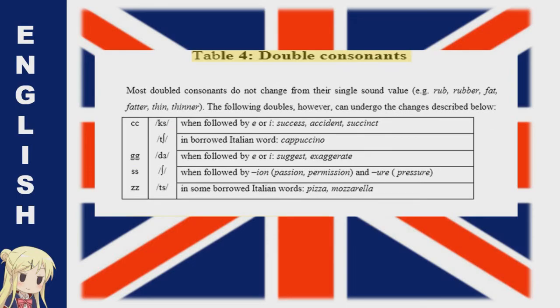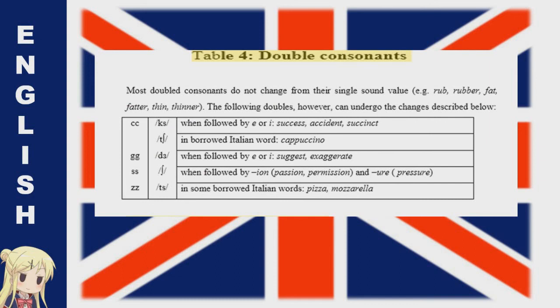The other one is the double consonant. Most double consonants do not change from their single sound value, like in rub, rubber, fat, feather, thin, or thinner. But the following doubles, however, can undergo the change described below.